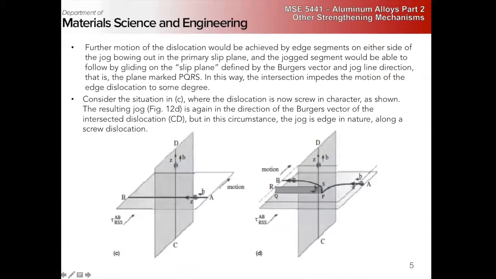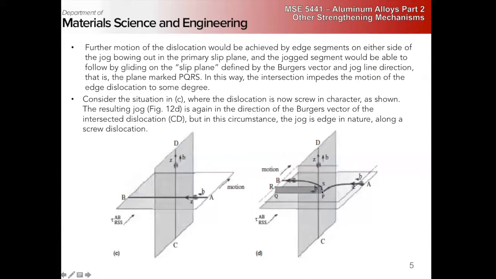But in the screw case, we had a dislocation that was moving this way, and when we create the jog, this section here is moving on this slip plane in this direction. It can no longer keep moving in the forward direction. So how is this dislocation going to move now?